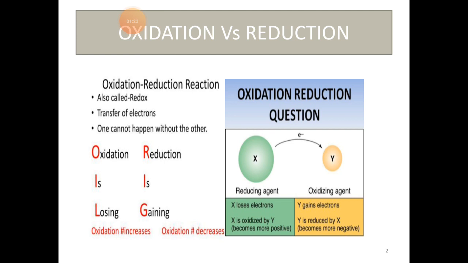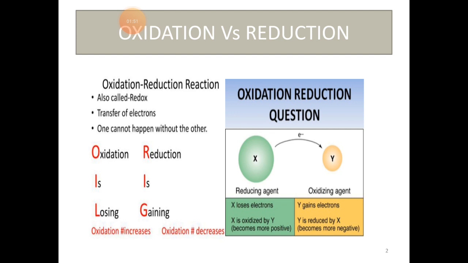These are mostly electrochemical reactions, acid-base reactions. When oxidation and reduction both occur simultaneously in a chemical reaction, we call it an oxidation reduction reaction, or redox. Reduction, red, and oxidation, ox. So we call them redox reactions.